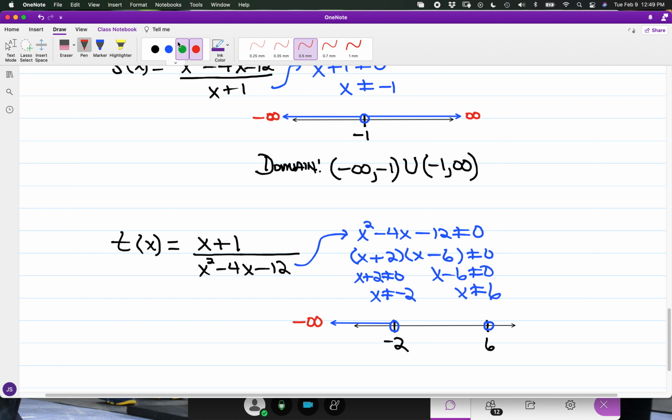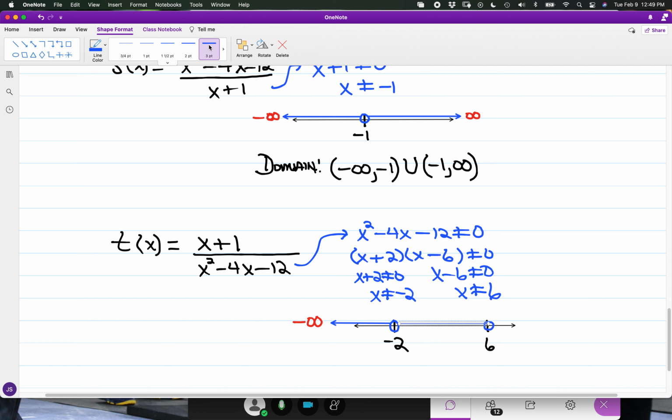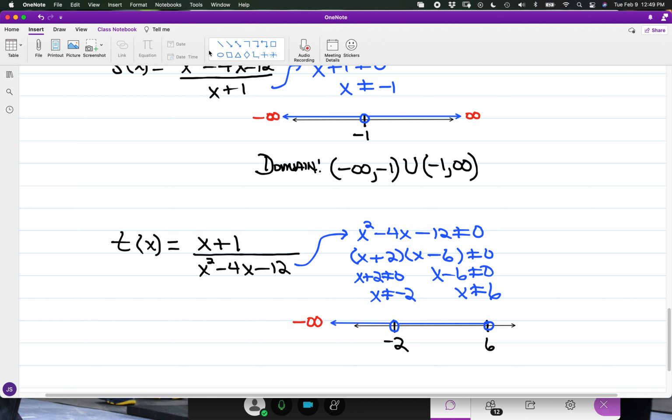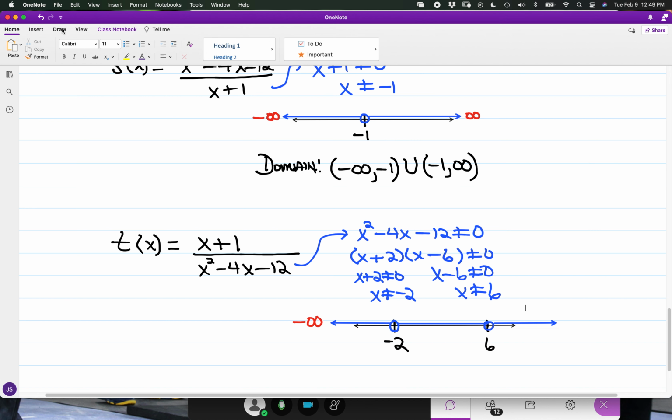Then for the in-between values, x greater than negative 2 and less than 6. And for the final stretch, those values of x greater than 6, an array going continuously to the right in the direction of infinity.